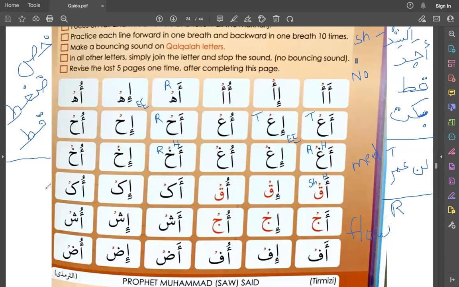When you are saying qutu wujatin, the letters qaf, ta, ba, jim, dal, these are the 5 letters. Whenever these are with sukoon, we get the sifa of Qalqalah.